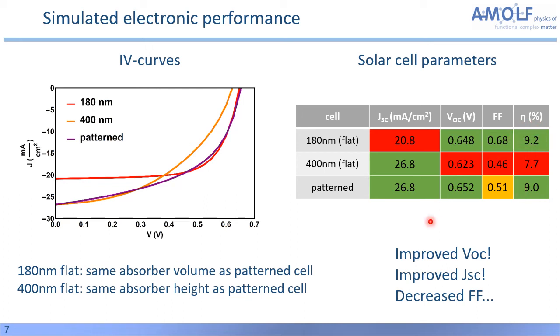But in any case, to us, this was promising and interesting enough to warrant going into fabrication and experiment to find out if we can fabricate the structure, and maybe also find out how big of an issue the fill factor here is.